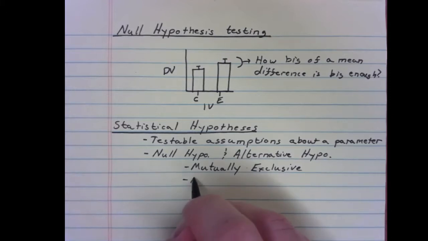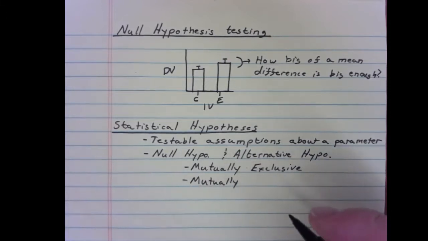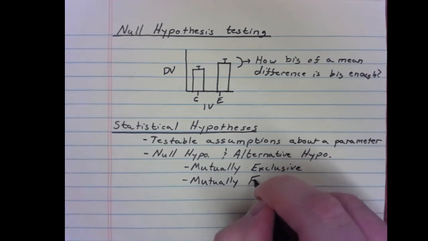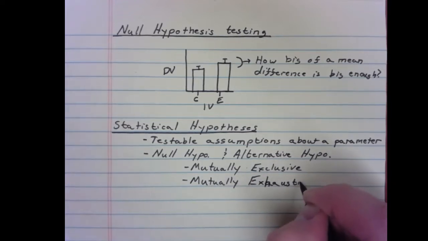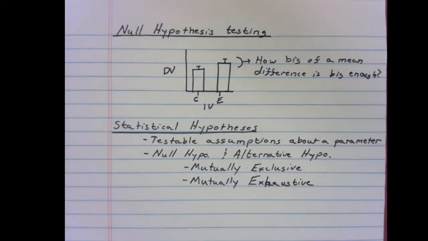Now, the other aspect is that they have to be mutually exhaustive. If I can spell exhaustive today. What this means is they have to be the only two options.